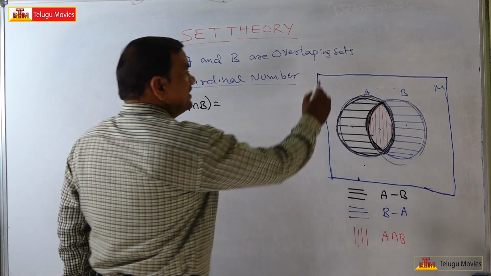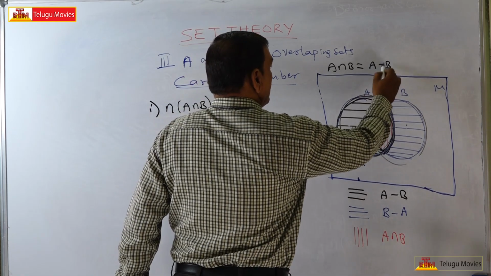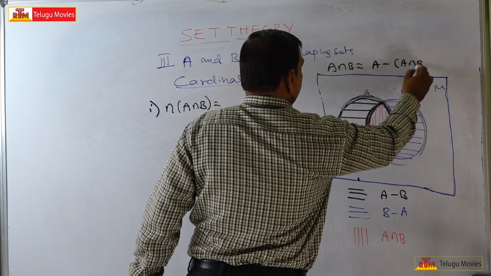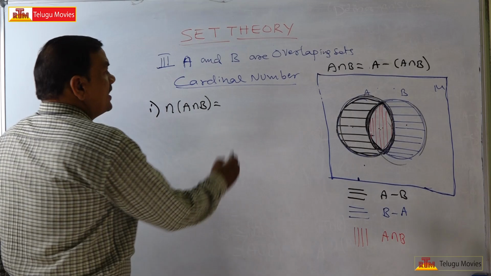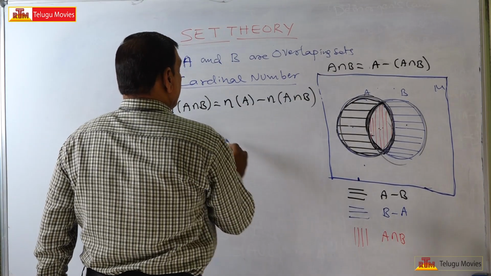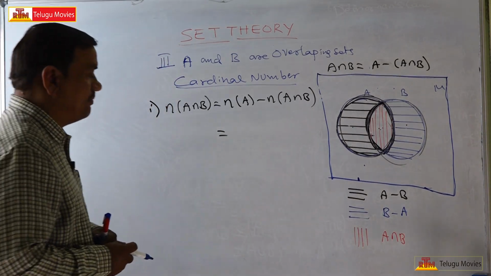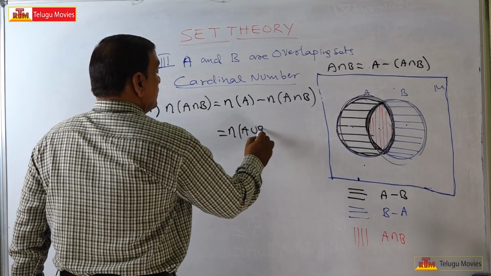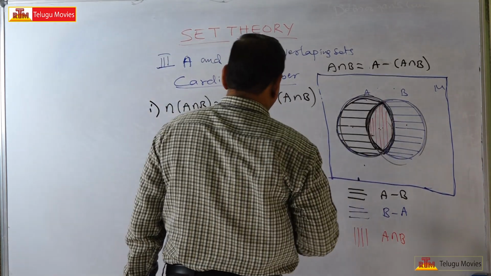Whenever it is saying A minus B, from A you have to subtract A intersection B. That means you can write it as n of A minus n of A intersection B. Otherwise, you can write it as n of A union B, that means from total A union B.